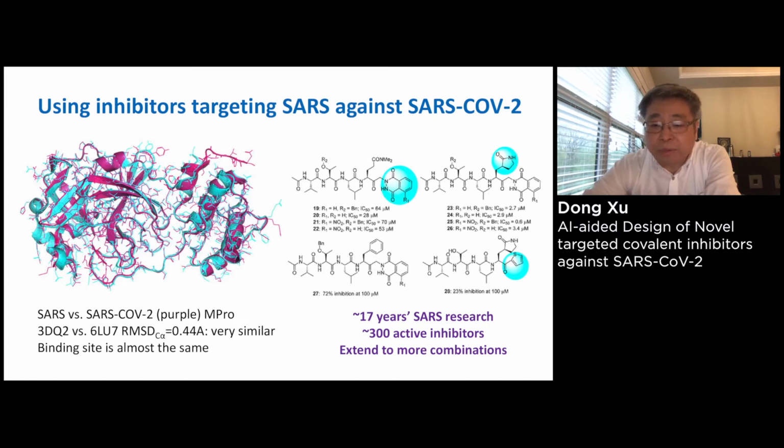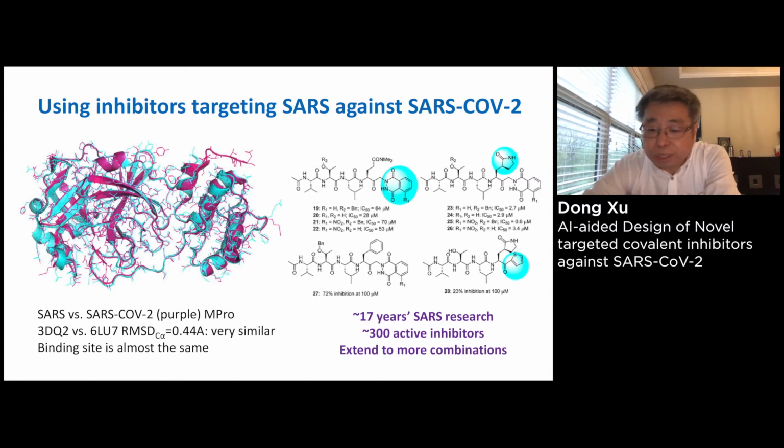We collected about 300 active inhibitors. These inhibitors cannot really be regarded as drugs because they have not been approved by the FDA, but they have shown some activity, meaning some binding demonstrated by the so-called IC50 numbers.